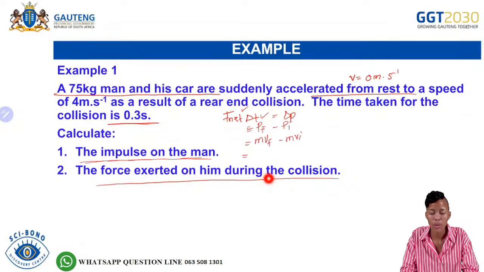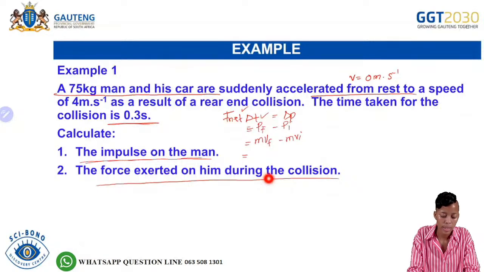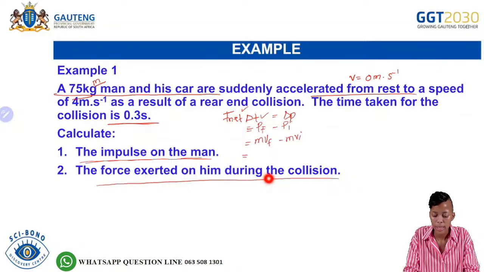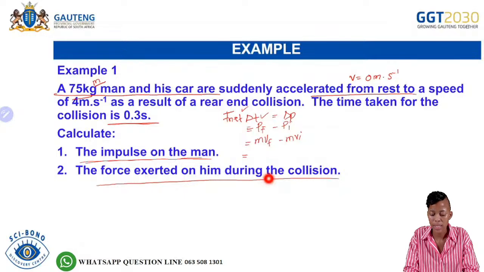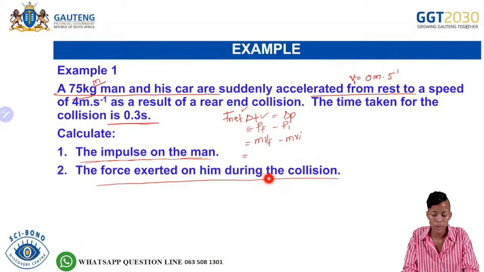Going back to the statement, remember we need to read carefully. It says we have a 75 kilogram man. The 75 kilogram represents the mass, and accelerated from rest means that is our initial velocity.